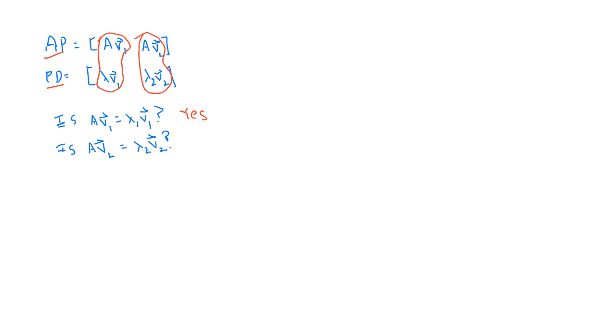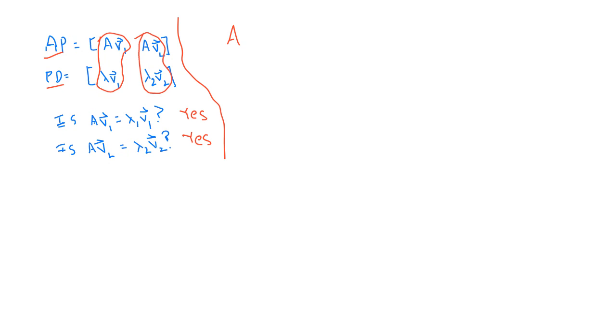And by the way, we're assuming v1 is a non-zero vector. But yes, that's the definition of an eigenvector. And similarly, A times v2 will equal lambda 2 times v2. Again, this is only true if we're assuming lambda 1 and lambda 2 are eigenvalues, and vectors v1 and v2 are the corresponding eigenvectors.